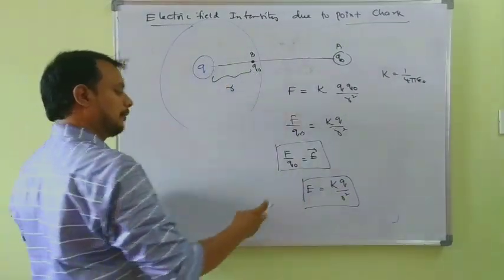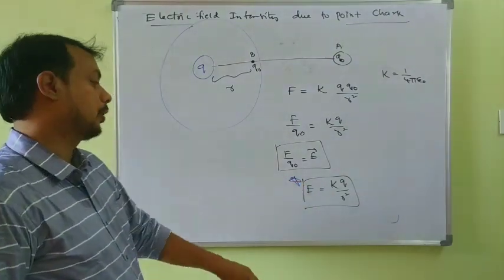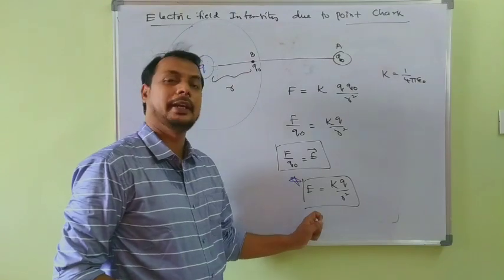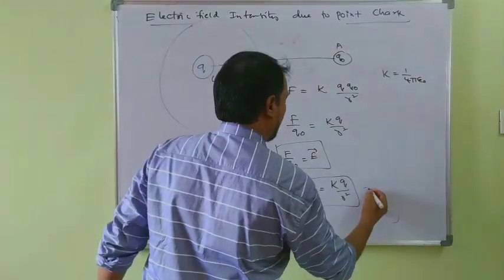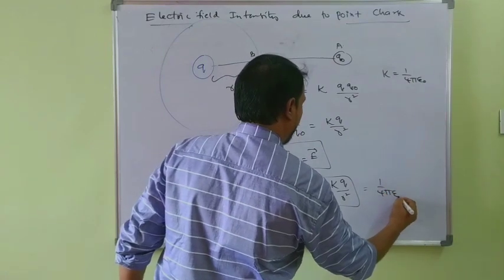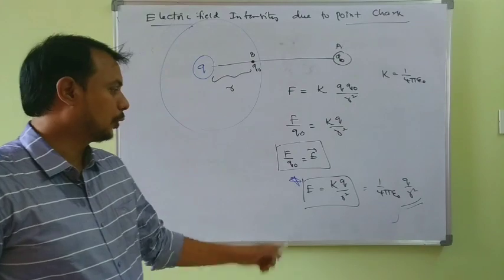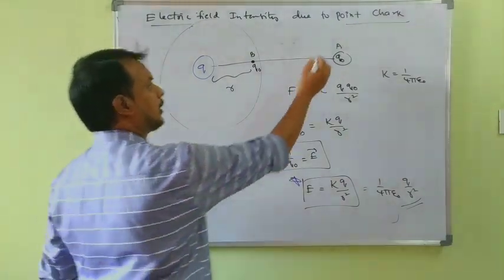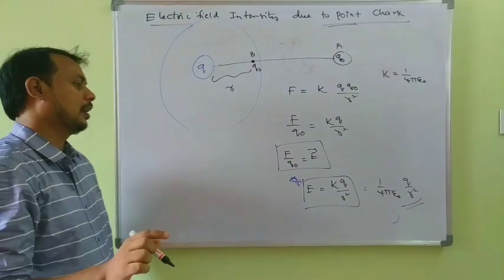So this is the electric field intensity due to a point charge: E equals K Q by R square, where K is 1 by 4 pi epsilon naught. This is the electric field intensity for a single charge.